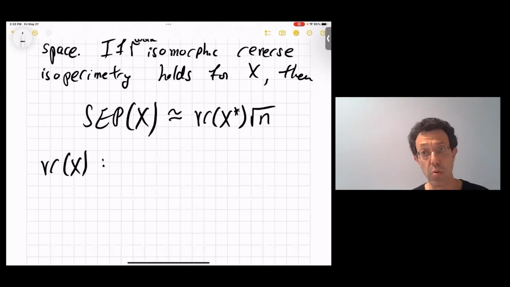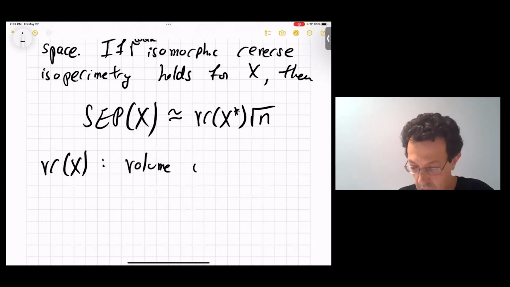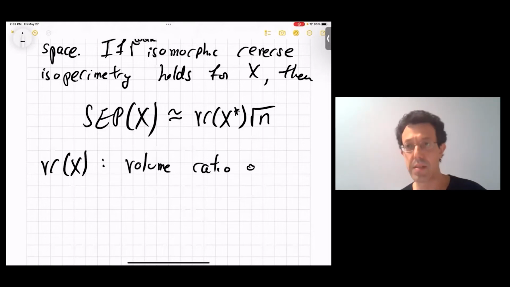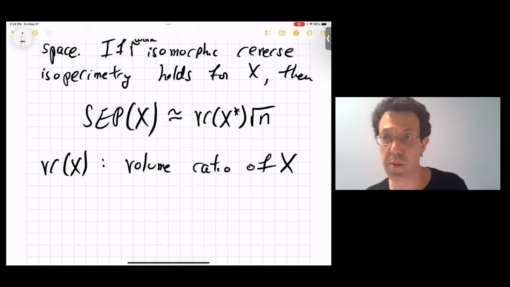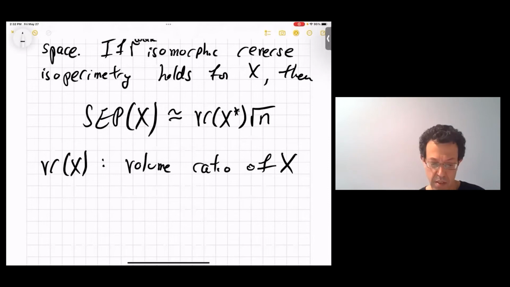Let me just define it. The volume ratio of X is an extremely well-studied parameter. There is tons of literature on it.